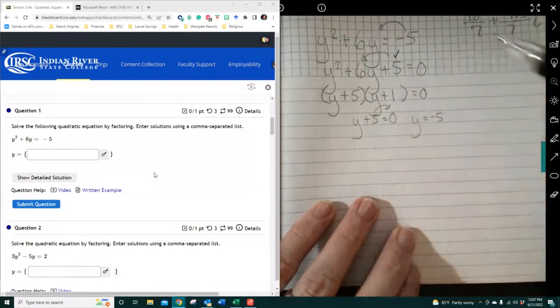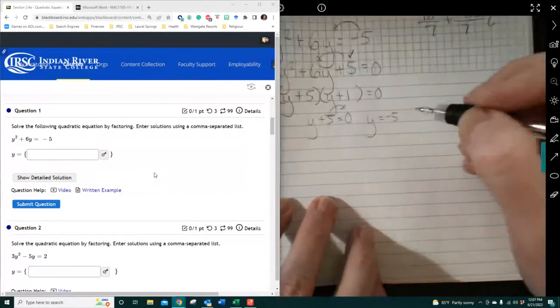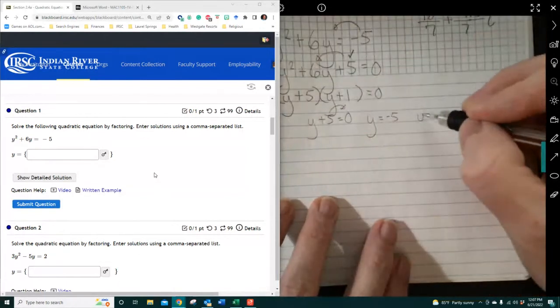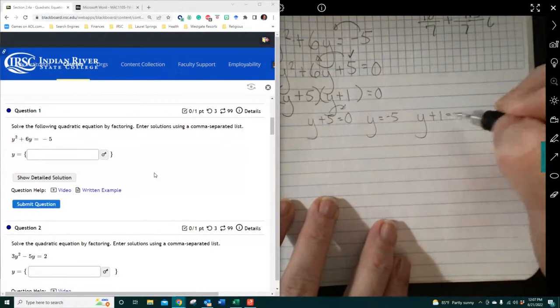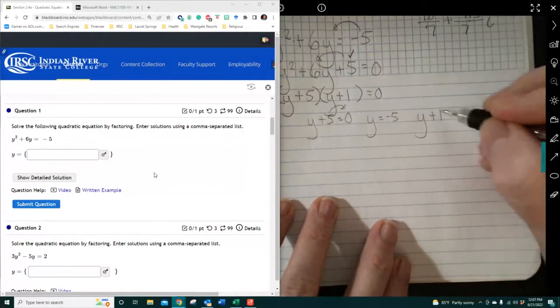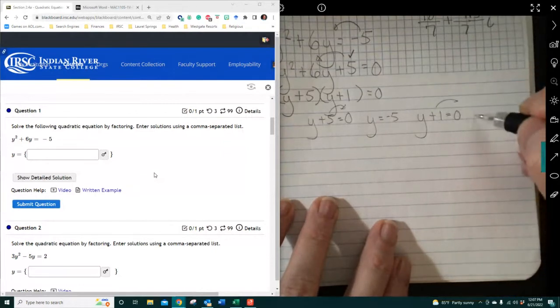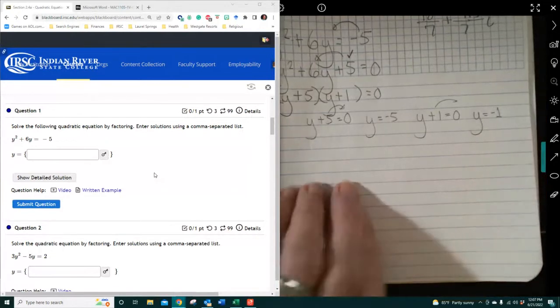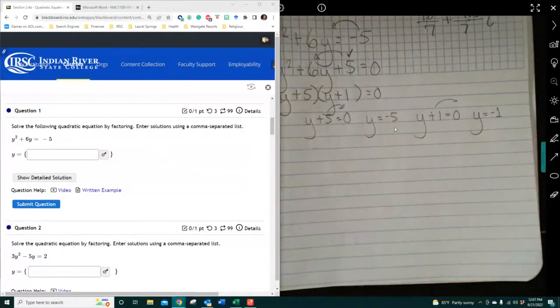We do the same thing for y plus 1: y plus 1 set equal to 0, and we move the 1 over and it becomes the opposite, so y equals -1. So the answers we're looking for are -5 and -1. Pretty easy to do.